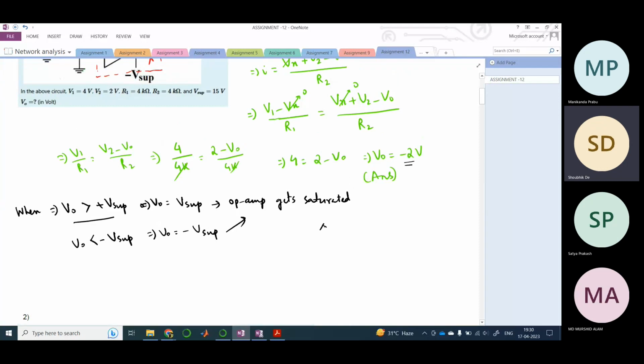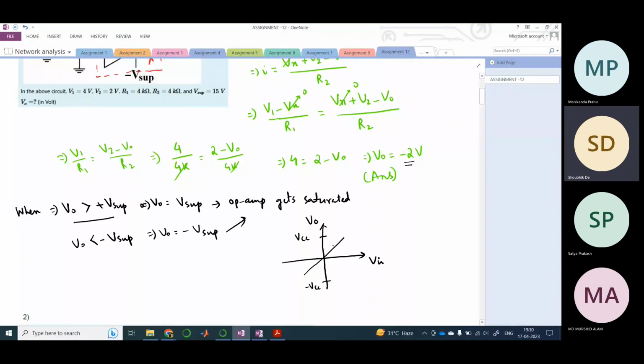So the op amp has a linear region. It's something like this. In this graph, this is V output, this is V input, and it has a linear region something like this. This is VCC, this is minus VCC.